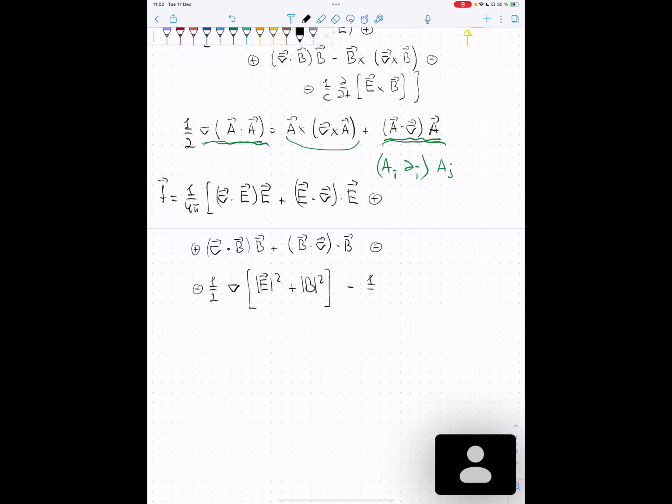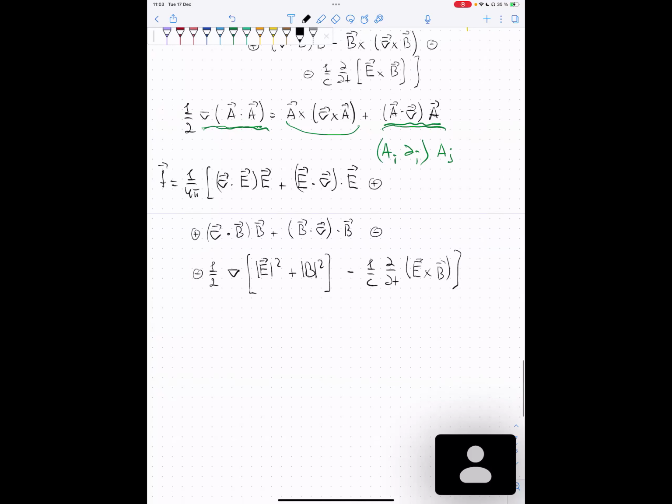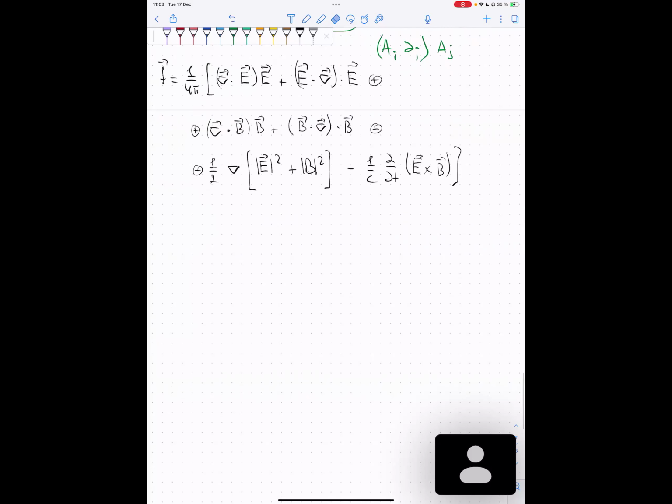And also minus 1 over c, d over dt, E times B. So in the end, we can look at this expression.